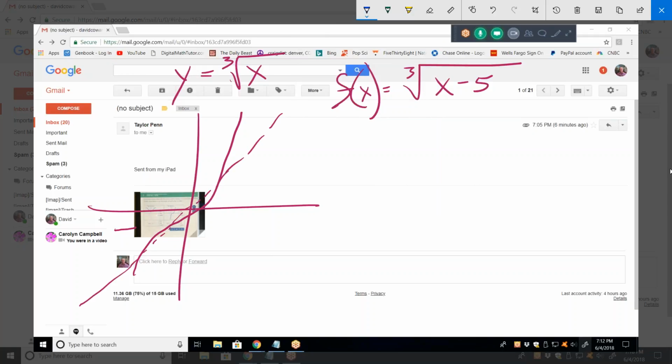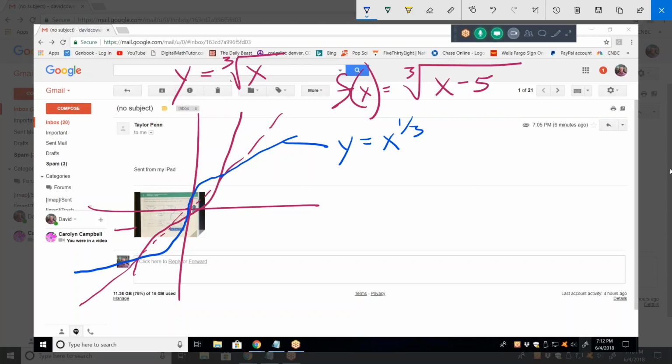And if I reflect it over that line, it ends up being like that. So that is y equals x to the 1/3, cube root of x.